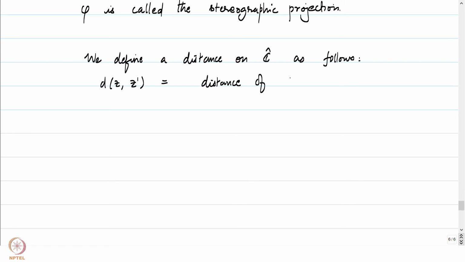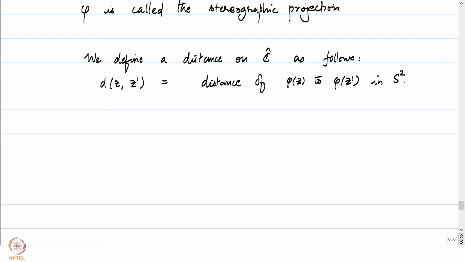We define a distance on C hat as follows. Distance d of z comma z prime is equal to the distance of phi of z to phi of z prime in S2, which is contained in R3.